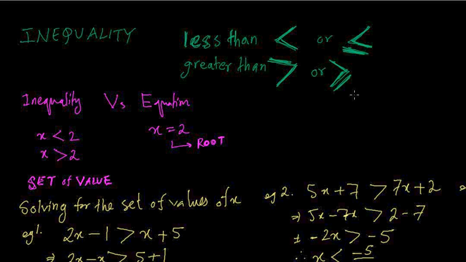When we talk about greater than or equal to, or less than or equal to, for example, x is less than or equal to 2, it means x is equal to 2 and it is also less than 2. When we write x is greater than or equal to 2, it means x is equal to 2 and also greater than 2. So that's what it means. Whenever we are talking about the less than or equal to sign, that value itself is included. Now let me write it down here.